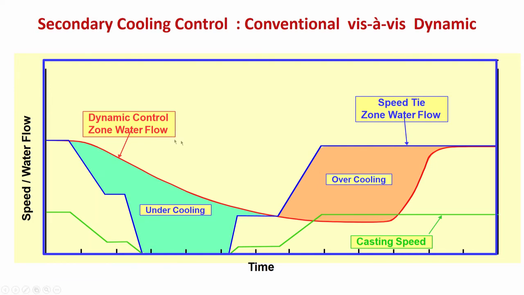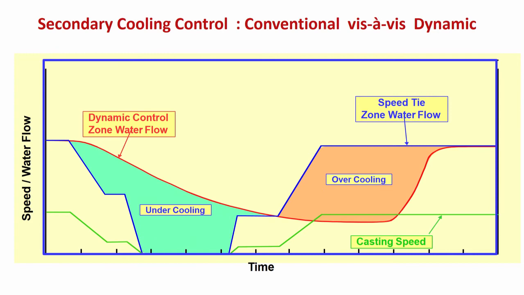So, what is desired is a separate control on cooling, not linked with casting speed. So, whenever you feel that casting speed has to be brought down, before that you bring down the amount of cooling. So, there is a design for how much cooling you should bring down. Say you bring down the speed by say 10%.